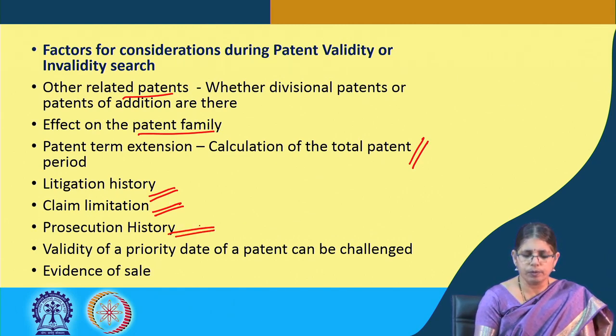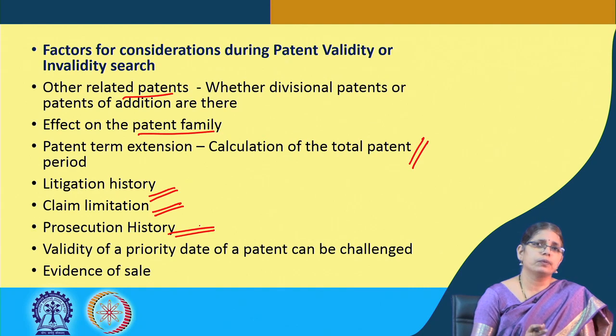Prosecution history is always something which haunts all patent owners, because that is one potential place where a lot of assertion of invalidity comes in from the point of view of the defendant. So, take into consideration prosecution history aspects when you are looking at an invalidity search.